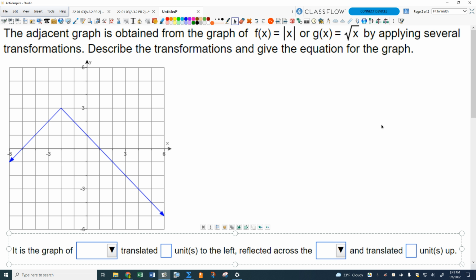So first of all, which one of those is it? Is it absolute value of x or square root of x? Okay, it is. How do you know? What's the clue that tells you that's an absolute value graph? Okay, well, there's something you could tell me right away about the shape that just says, oh, it's absolute value.